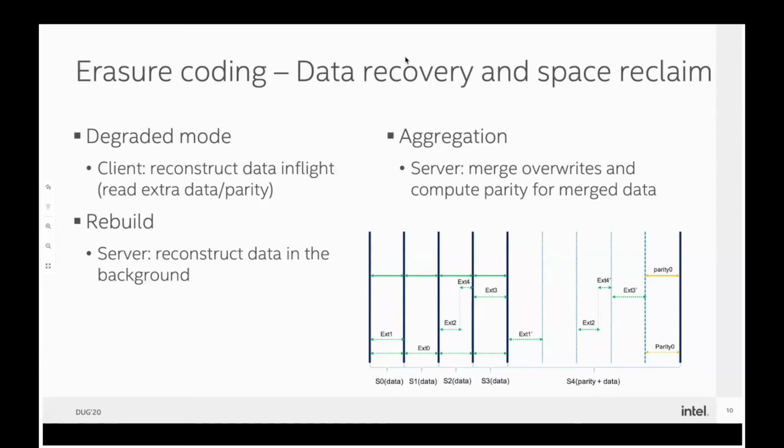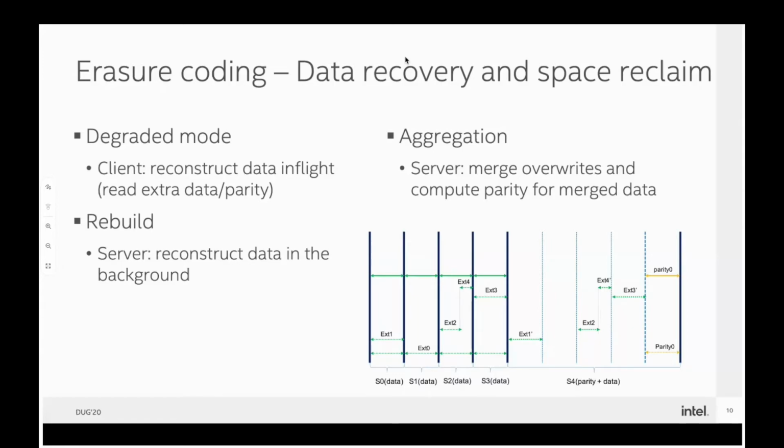However, things can be more complex if the application submitted a bunch of partial overrides, then they never consist of a full stripe. And if there is an old version of the stripe and the old version is encoded already, then the aggregation service, which runs on the parity target, has to communicate with all the data targets to complete the aggregation.